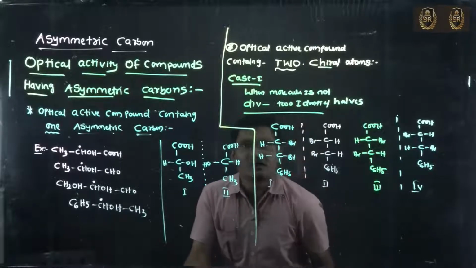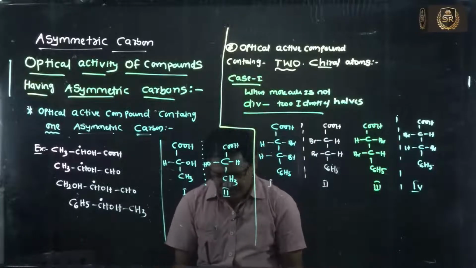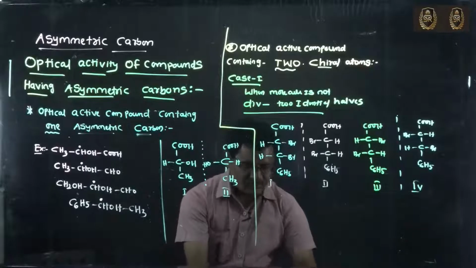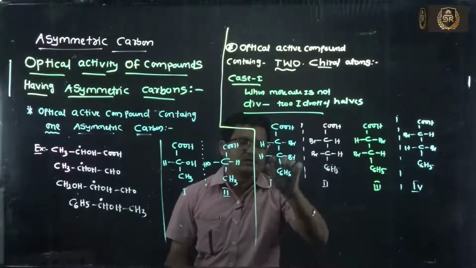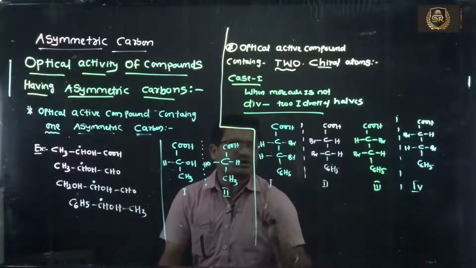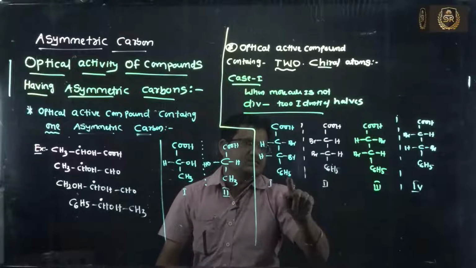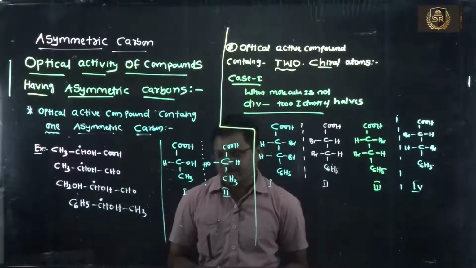So here, when the molecule is not divisible into identical halves, it is because at the top place is carboxylic acid, and at the bottom place COOH, C6H5. That is why it cannot be divided into identical halves. How many products are formed? Four products are formed.